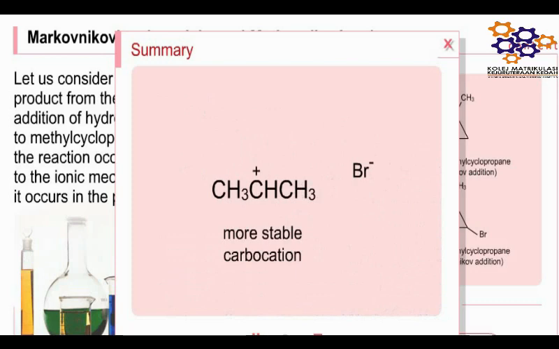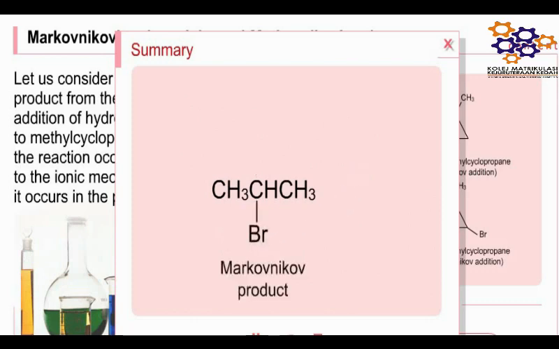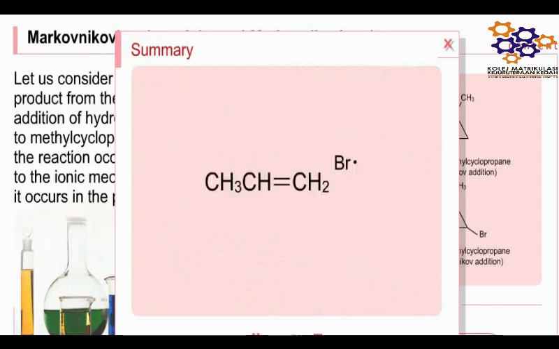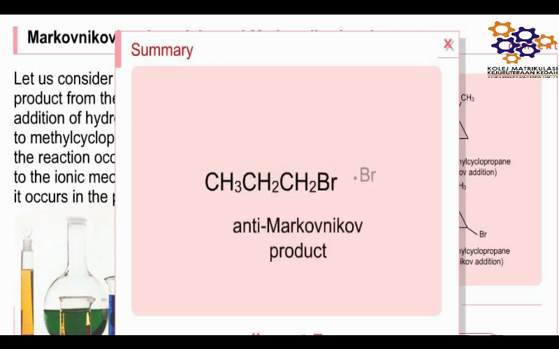It attaches itself to a carbon atom by an ionic mechanism so as to form the more stable carbocation. The result is Markovnikov addition. In the presence of peroxides, the larger bromine atom is the reagent that attacks the double bond first. It attaches itself to the less hindered carbon atom by a radical mechanism, so as to form the more stable radical intermediate. The result is anti-Markovnikov addition.